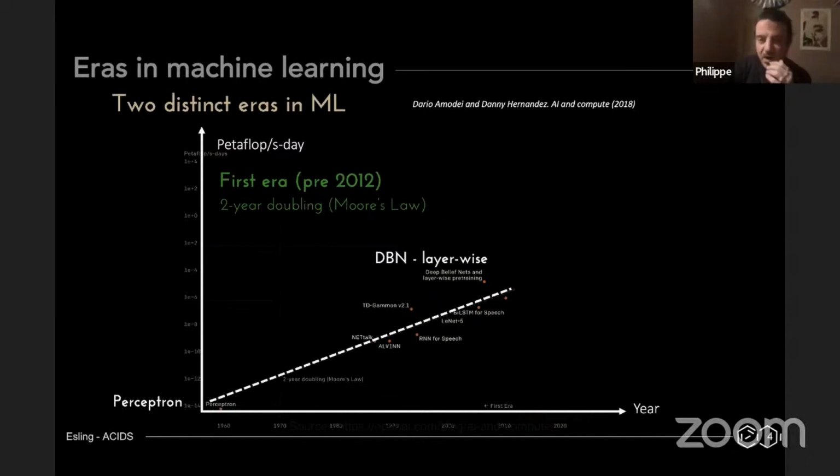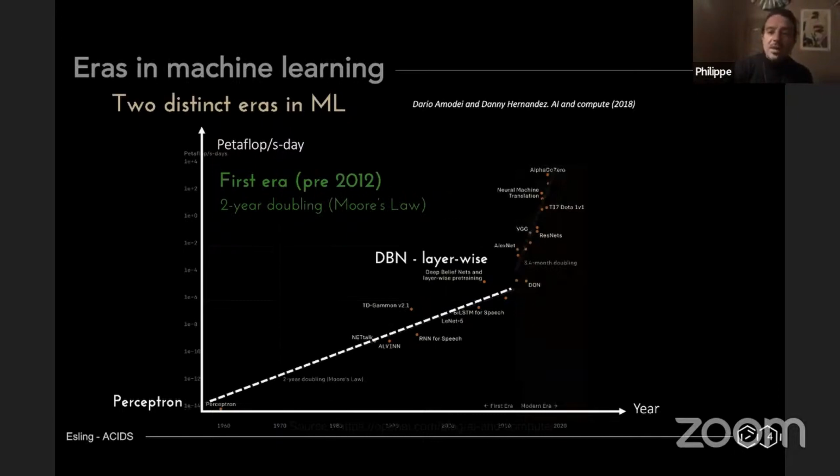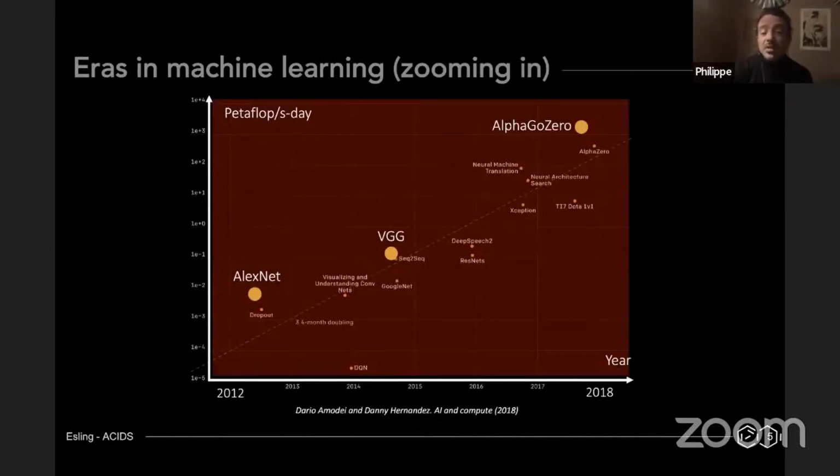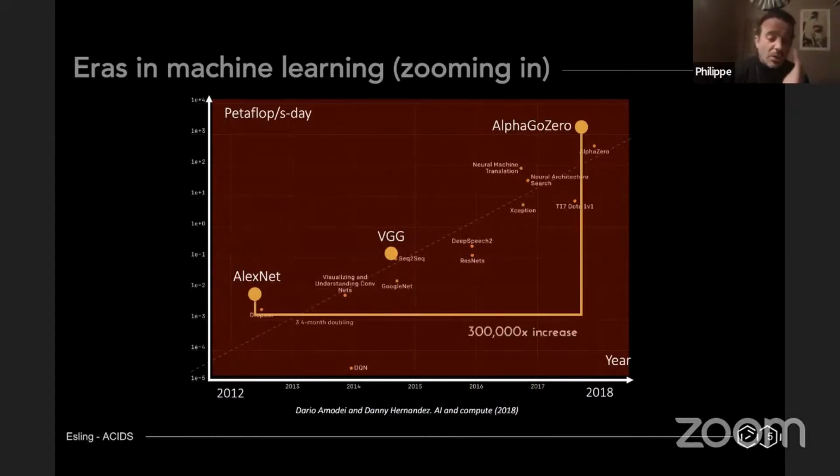And since approximately the expansion of deep learning, there has been a second era where you see doubling every 3 to 4 months. And if we zoom in on this part, you can see from 2012 to 2018, there has been a 300,000 times increase in the amount of computation needed to get new results.